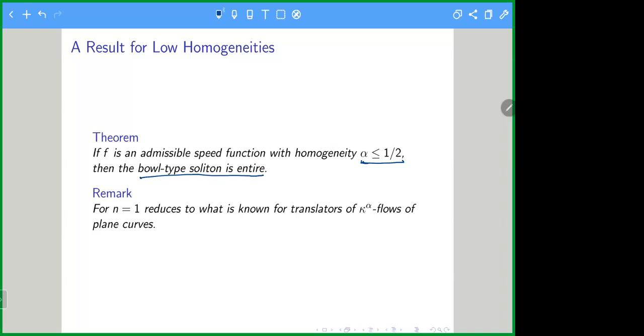It's defined on all of the plane and sweeps out the entire space. People already knew about this in the case of the kappa to the alpha flows for plane curves, but it also turns out to be true for completely general flows in higher dimensions.